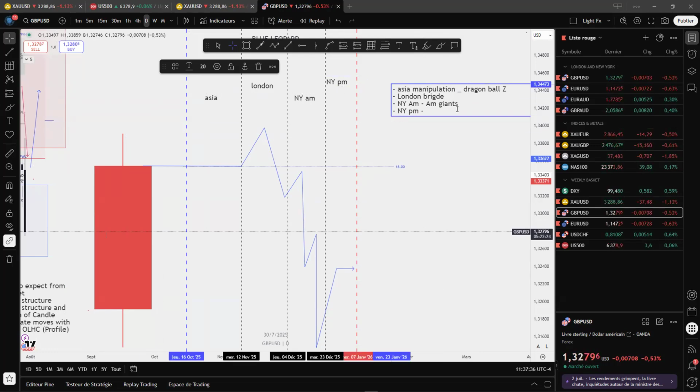Bacon, egg, and cheese, it's good for breakfast. Okay, the Knicks is good. We got the Knicks.